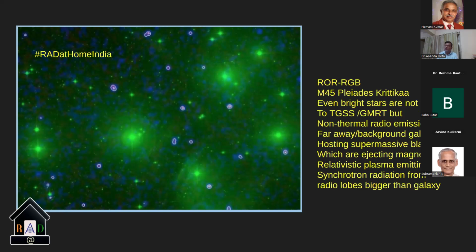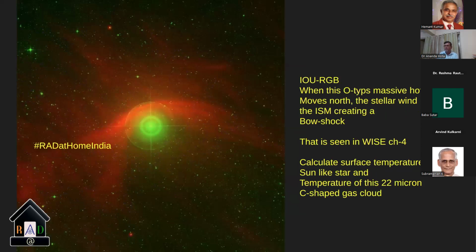That is a surprise to most of the students when they see that the brightest stars that they can see with the naked eye, the largest radio telescope GMRT, even VLA, cannot see at all. It's a different process altogether. This is a non-thermal emission plasma that the black hole jet is creating and GMRT can see. And the stars are not creating that kind of non-thermal emission. They are thermal bodies, 5,000, 6,000 degrees.